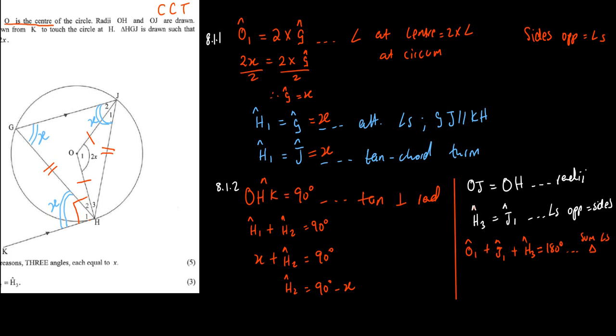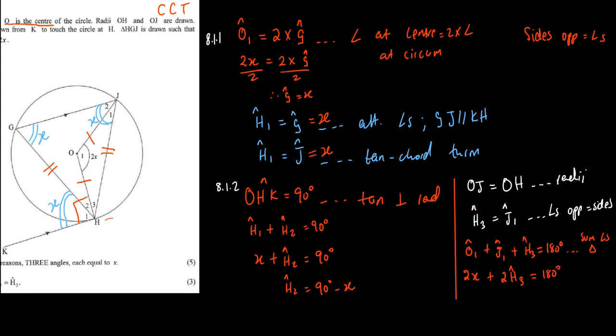Now, O1 we know that is 2x, right? But now, J1 and H3, let's remember that they are equal. So actually, I can write this as 2H3. And why am I going to choose H3? Because I need to get H3 to be the subject. I need the formula for H3. Are we clear? I'm interested in H3. So I say 180 there.